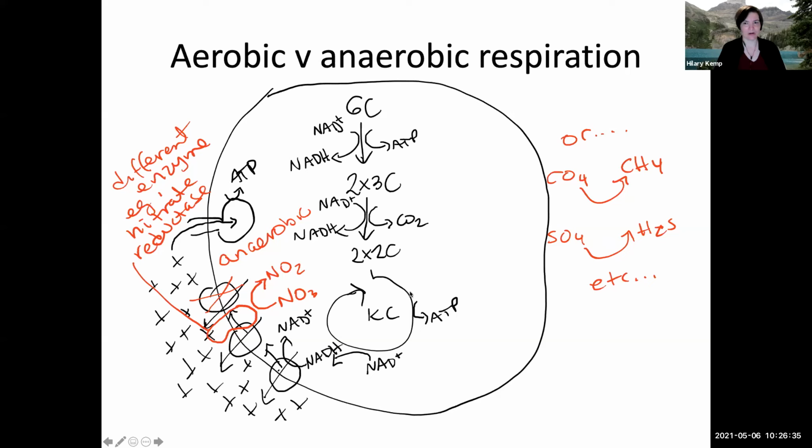Nitrate isn't as good, carbonate isn't as good, sulfate isn't as good. So this guy is taking the electrons earlier and handing them off to the terminal electron acceptor, which means there are fewer opportunities to pump protons. Here there's 3, here there's only 2. And so consequently, you don't get as much of a proton gradient formed and you don't get as much ATP.